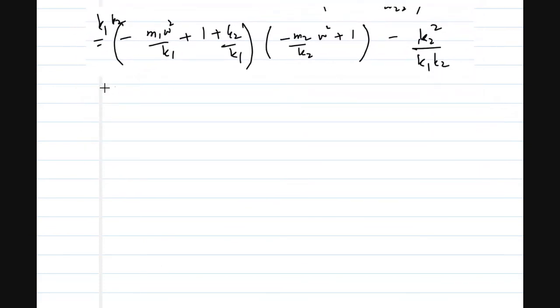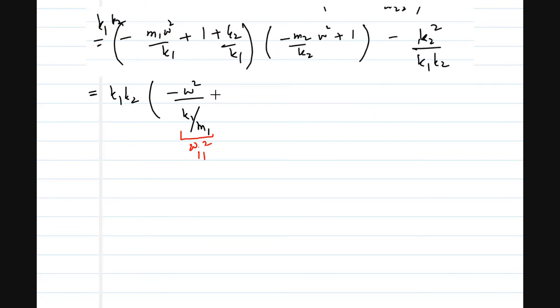So this will become k1 k2, and this will become minus omega square over k1 over m1. This k1 over m1 is nothing but the individual natural frequency of the main mass and spring, which is omega 11 square. If you remove this absorber mass and spring, omega 11 is the individual natural frequency of the main spring and mass.